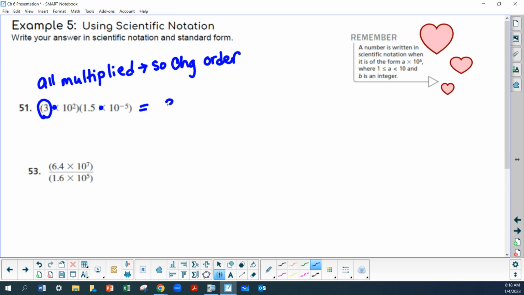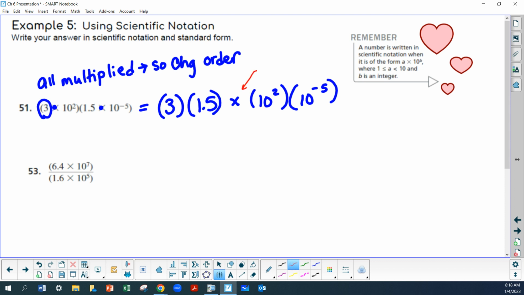And that means I'm going to take 3, multiply it by 1.5, and then I'm going to move my tens together. 10 to the second will multiply by 10 to the negative 5. Now, you'll notice I gave myself a special multiplication symbol there just to follow suit with what I expect to see in scientific notation.